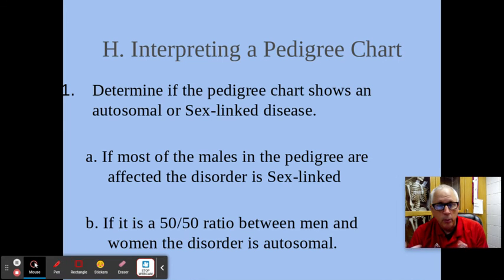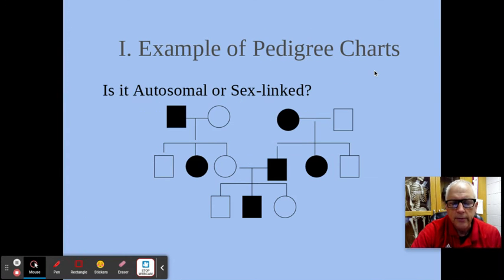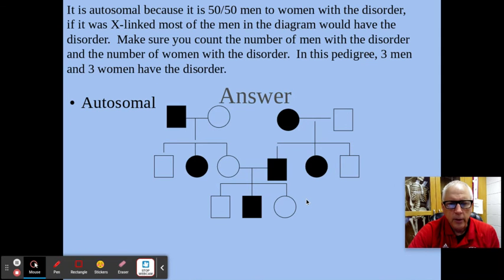If it's a 50-50, boys and girls equally get it, it's probably an autosomal type of defect. So let's look at this one. Is this autosomal or sex-linked? Well, it looks like the boys and the girls have an equal chance, and that means it would be autosomal, because half the women and half the boys have it. There's no distinction between the 2 of them, right?